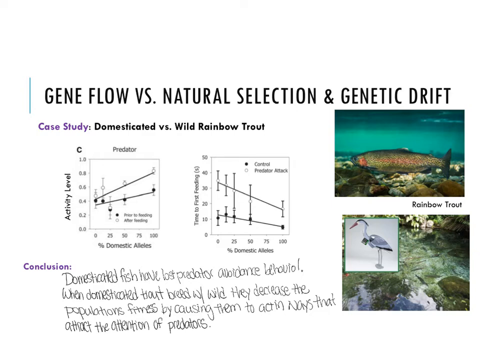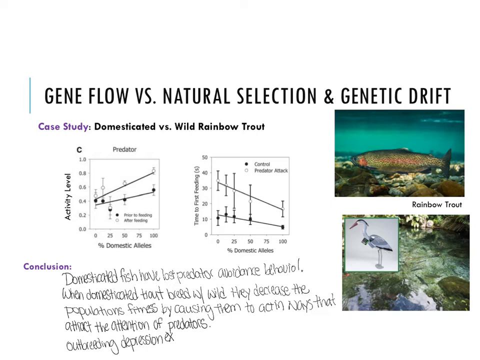So in this case, when we're talking about conservation and migration, this is an example of migration leading to outbreeding depression. And not being a good thing.